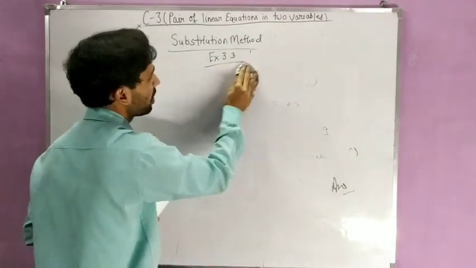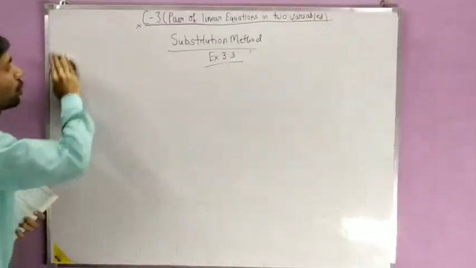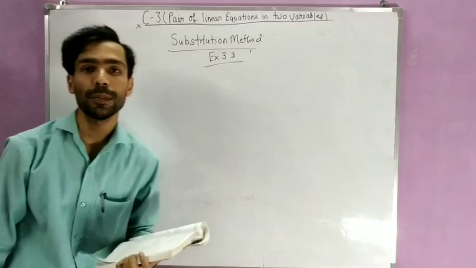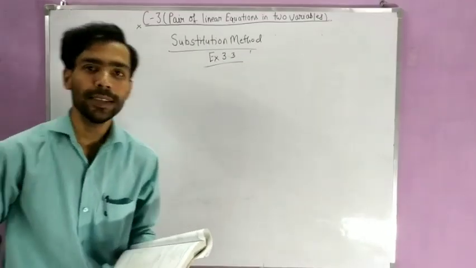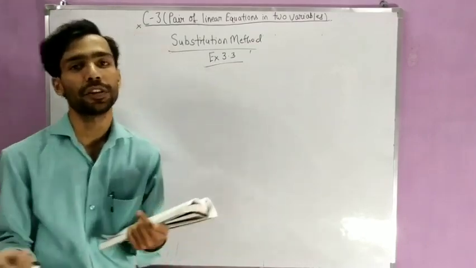This method is very simple, students. You just have to take out the value of one variable in terms of the other variable from one equation, and whatever value you get, you substitute in the second equation.